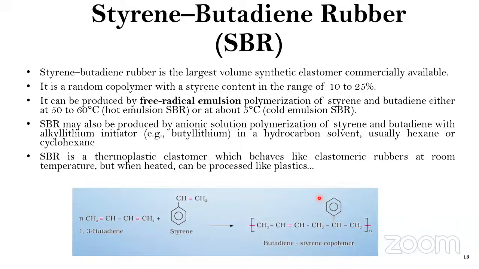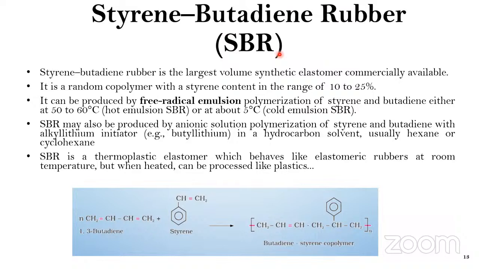I am not going to repeat styrene manufacturing again over here, but I will give you a few copolymers that are manufactured for wider application of styrene, or to fulfill the particular application that you want from styrene. Firstly, we will study styrene butadiene rubber.